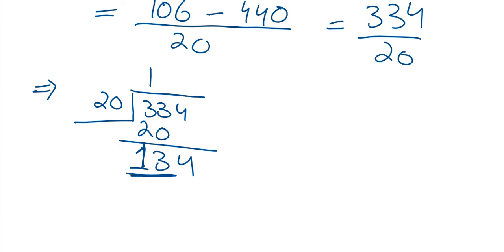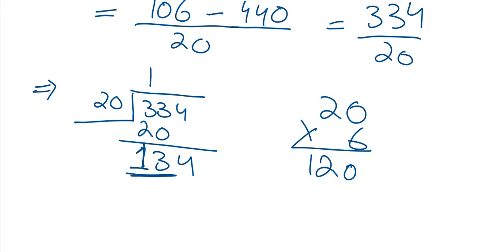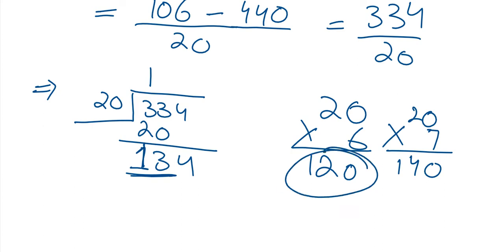So let's check out another value. Let's work with some bigger value like 6, 120. All right, 20 times 7 is 140. So we have 120 as a smaller value than 140, so we can easily put that in our division method.